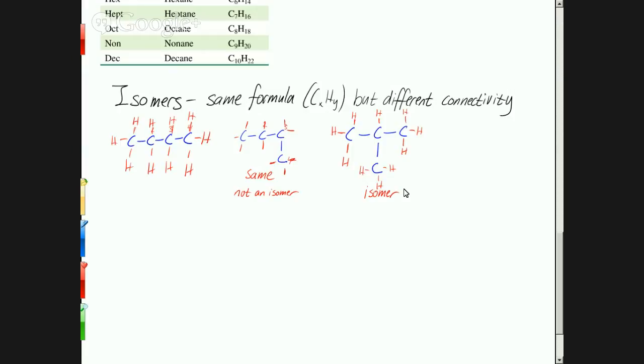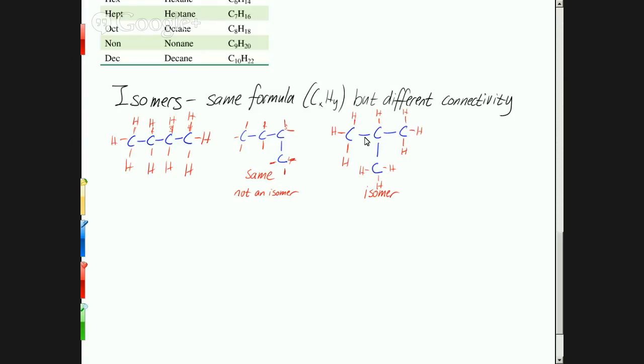But that one is a different connectivity. The carbons are connected to each other in a different way. Instead of CH3, CH2, CH2, CH3, you have CH3, CH, CH3, and then another CH3 connected to that CH. So that's what we call an isomer.